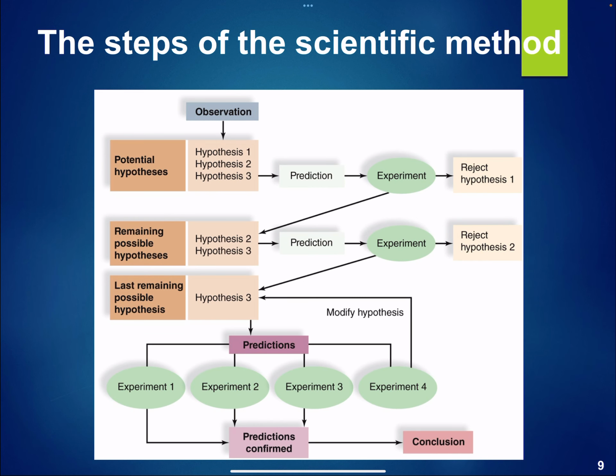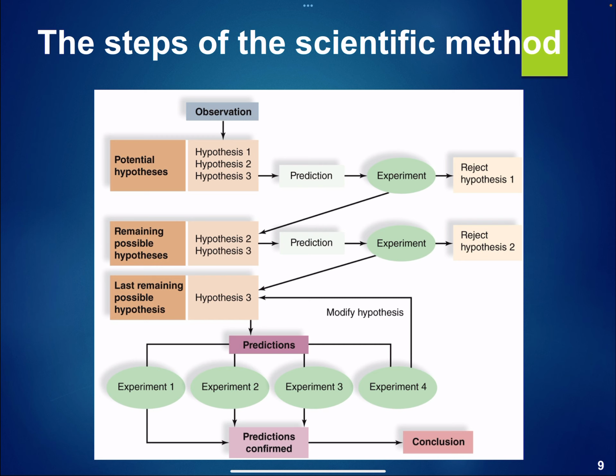There we go. So, what is the scientific approach that we use to find out information? Well, there are a number of steps that we are going to follow to find out some specific information. A scientific approach always starts with observation.